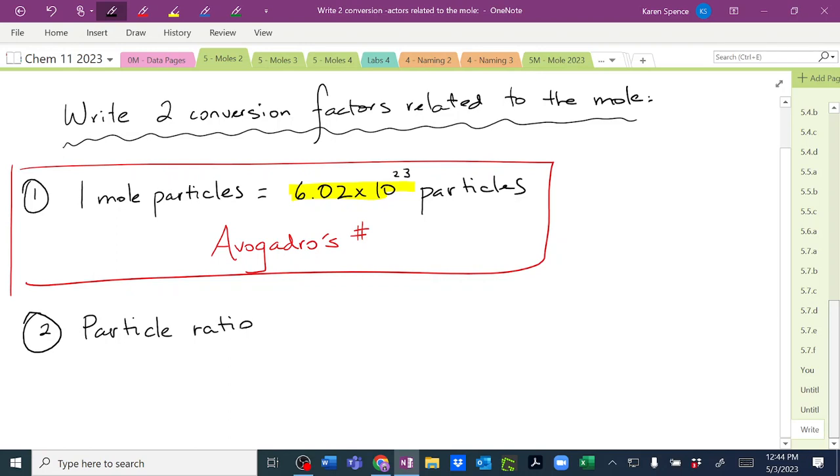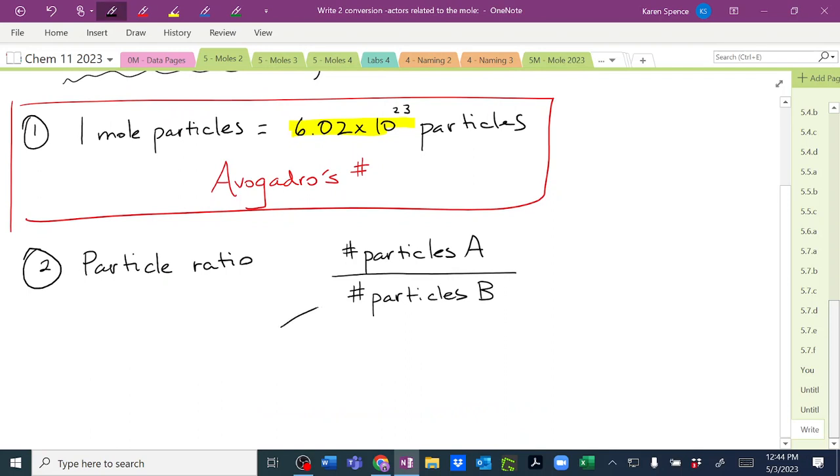And it could be any number of things, but it's going to be the number of particles of type A to the number of particles of type B. And how do we find that number? We look at the formula.